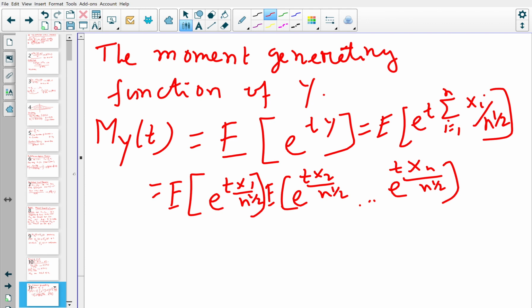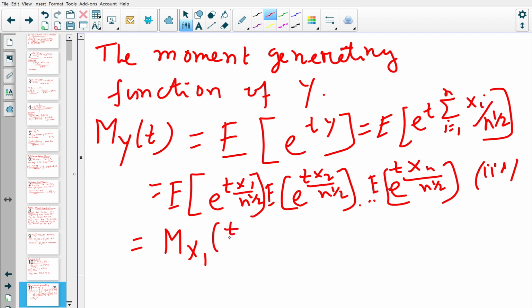Yes, so this is this. Okay, so because of the IID properties, you can write this down as nothing but, the first one is the moment generating function of x1, but at the point t over n power half, right?